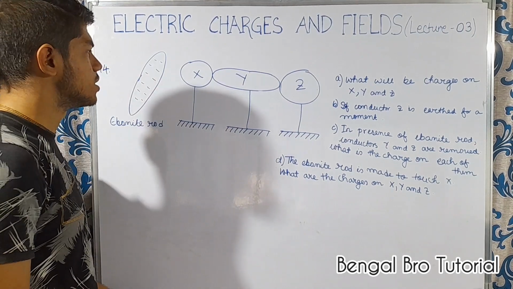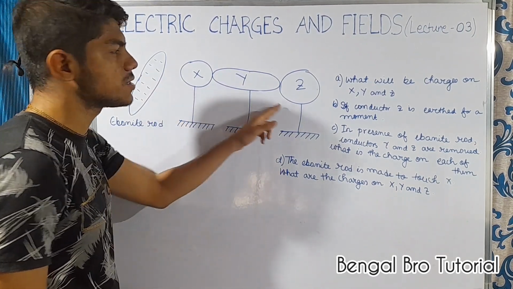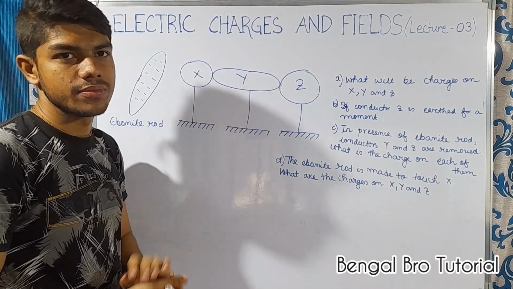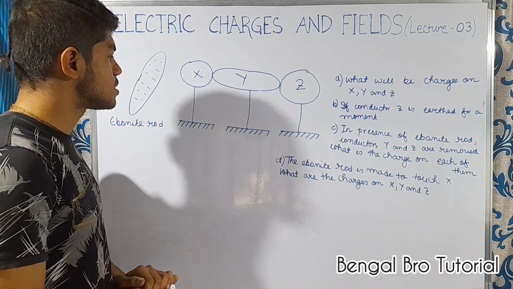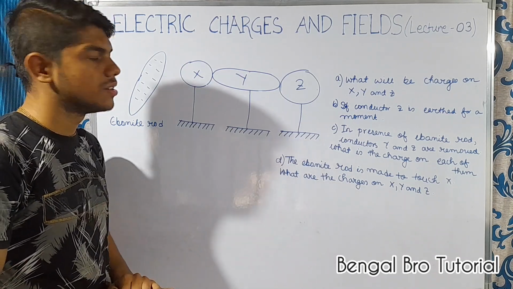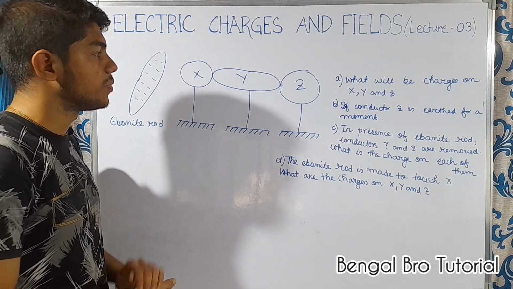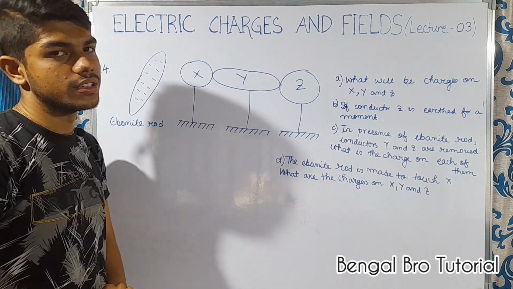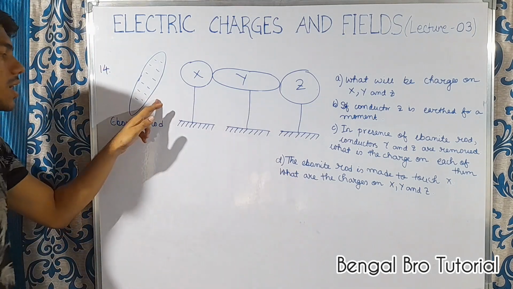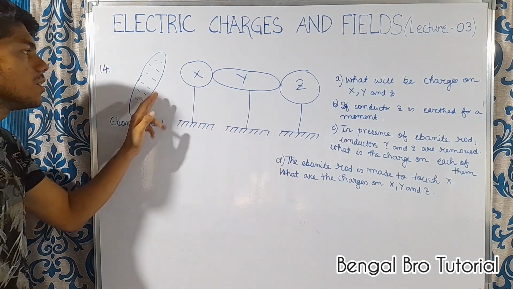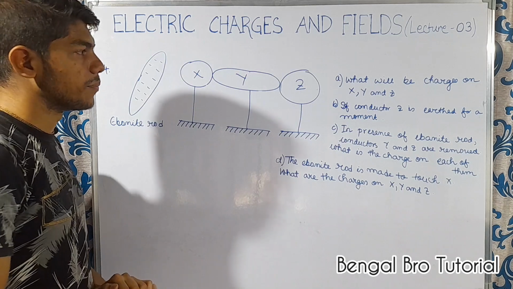In question number 14, we have two conducting spheres X and Z that are made to stand on insulating stands with a cylindrical conductor Y in between them, and the three are electrically connected. A negatively charged ebonite rod is brought close to them.